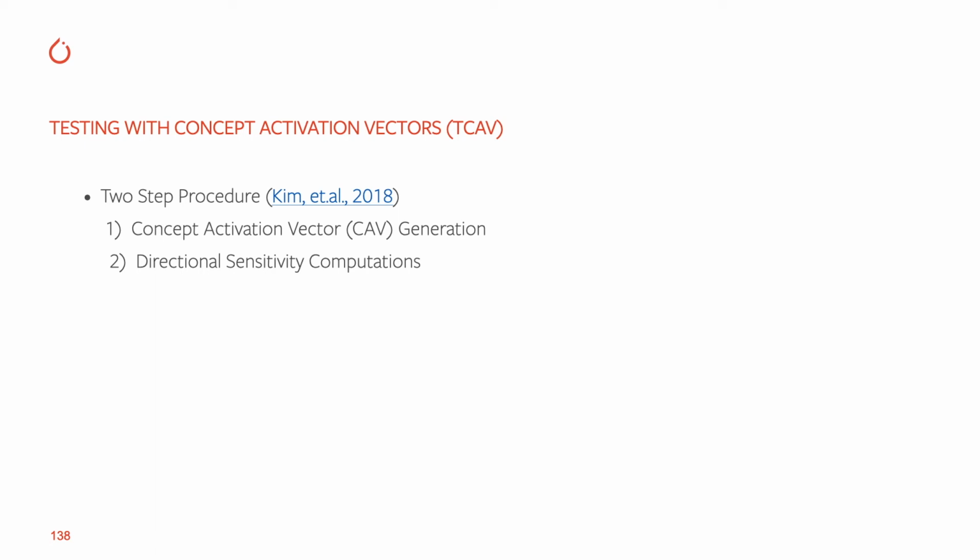The first step is the generation of the CAVs. The second step involves directional sensitivity computations. Let's go over each of those steps and understand how this two-step procedure can help us to perform concept-based model interpretability.